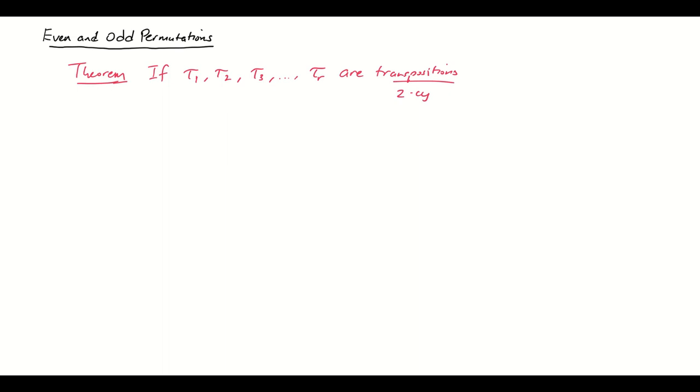Remember, that means 2 cycles in S sub n such that tau r minus 1, the product of all of these down to tau 3, tau 2, tau 1. If the product of all of these is the identity, if the product of a bunch of transpositions is the identity, then quite simply, r has to be even.